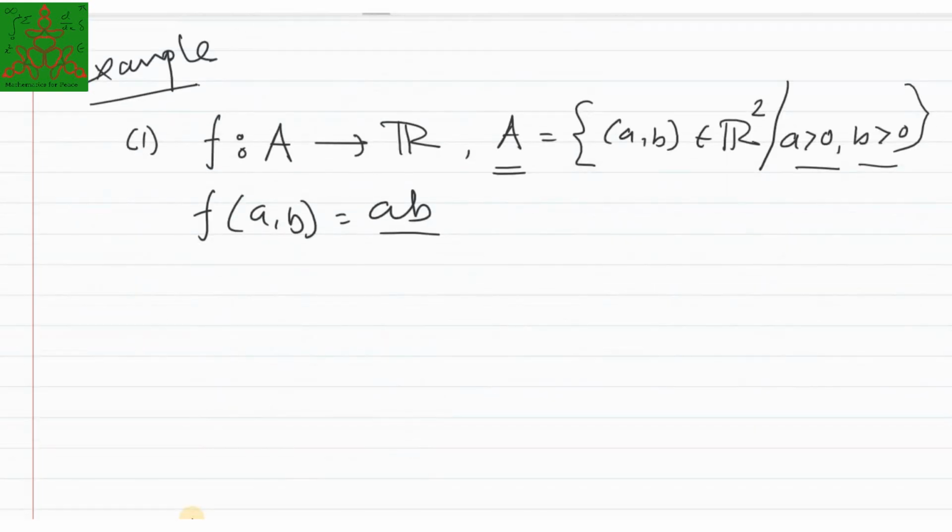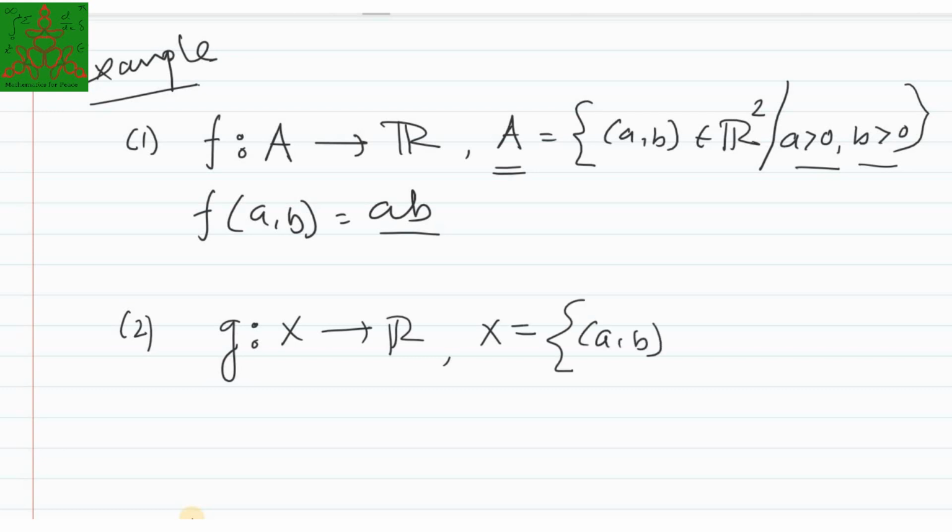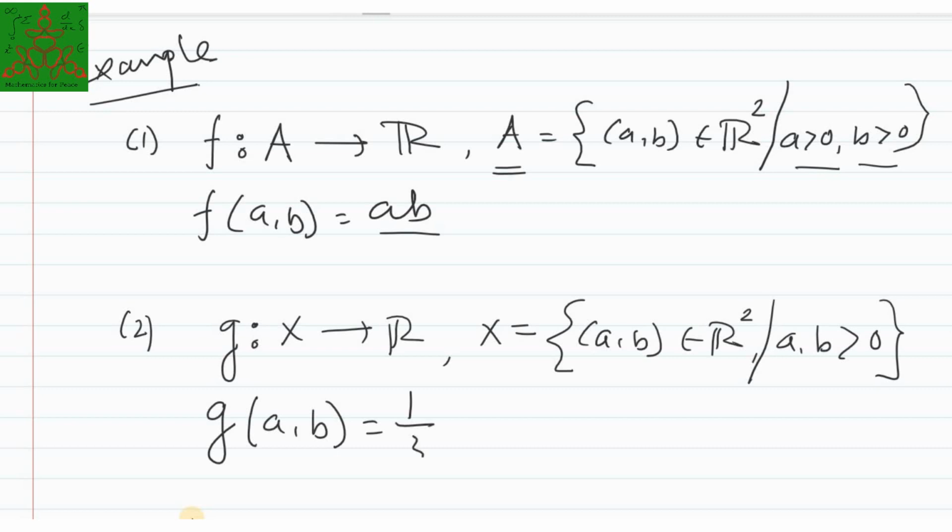In a similar manner I can define another function, let's say g from X to R, where X is the set of all (a, b) in R, with a and b both positive, and define g of (a, b) as one by three times a times b. What does g of (a, b) represent? It represents the volume of a cone.